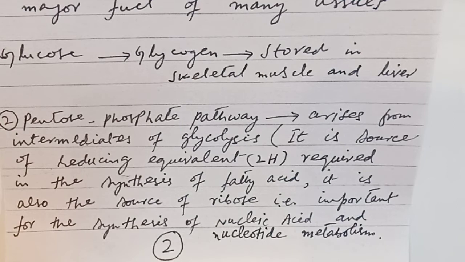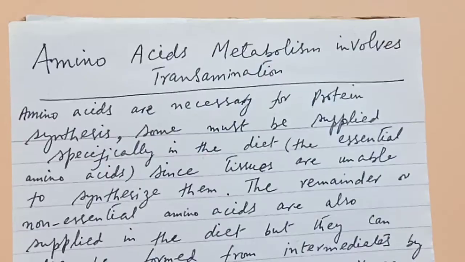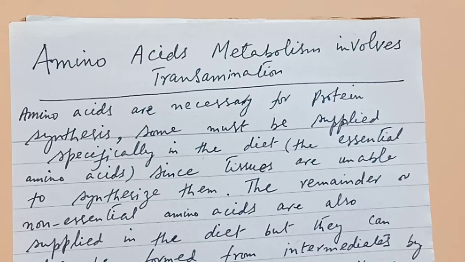It is also the source of ribose sugar that is important for the synthesis of nucleic acid and nucleotide metabolism. Now here amino acid metabolism involves transamination.